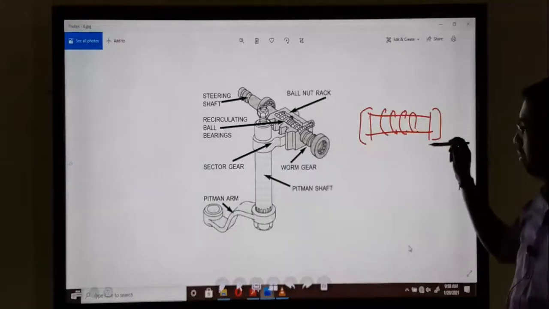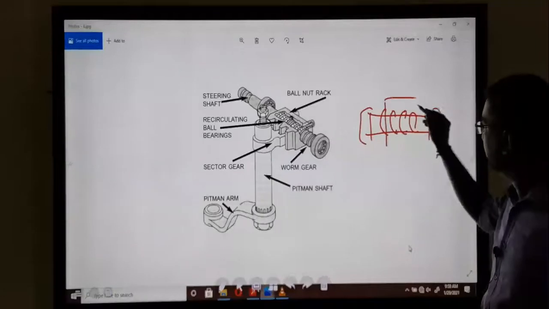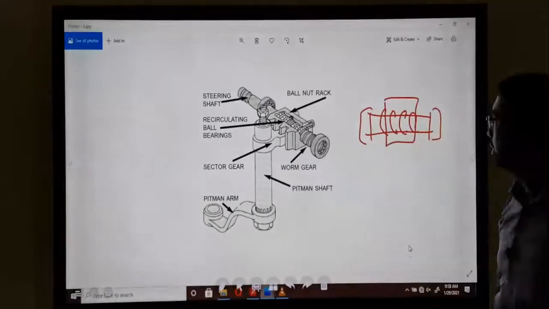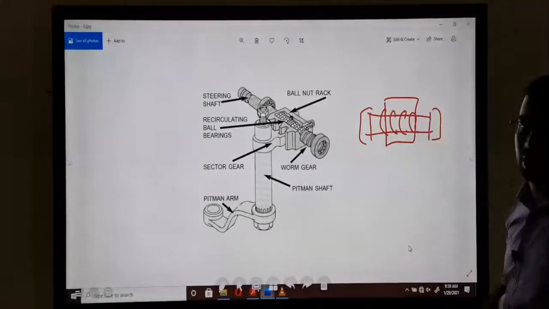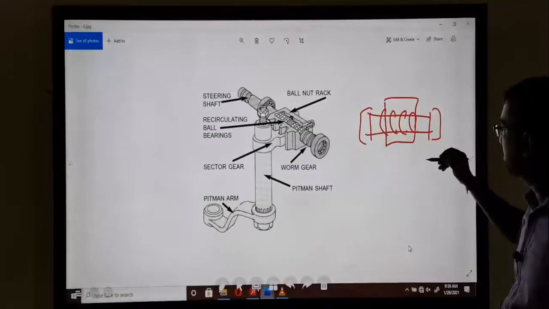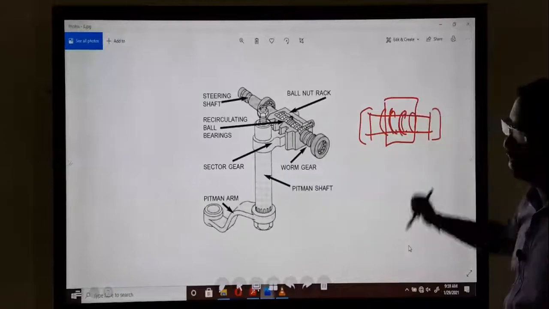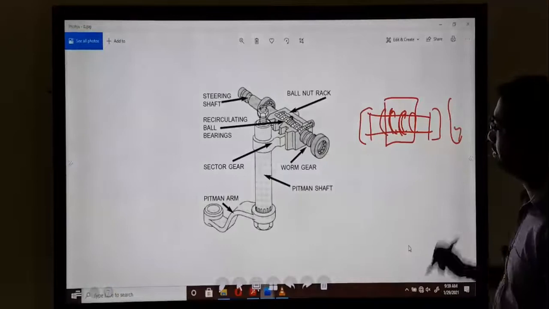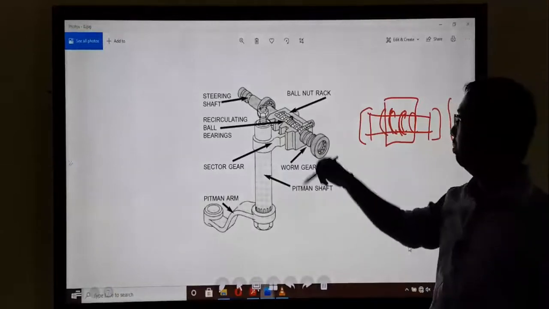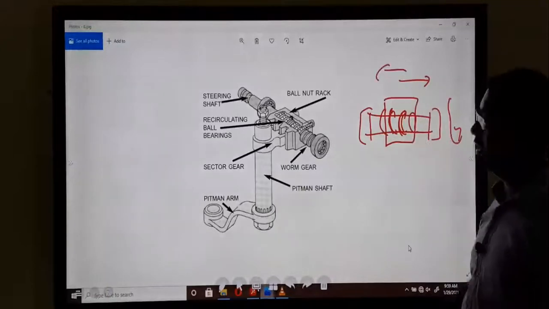It is located in a firm position and does not move, but here there is a ball nut track, the ball track inside of this ball nut. There's like a ring here with inside gear, and the worm gear is meshed with it. So when this shaft is rotated, this ball nut track moves from its position.